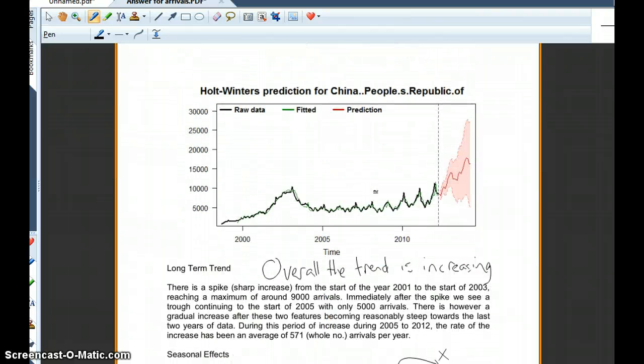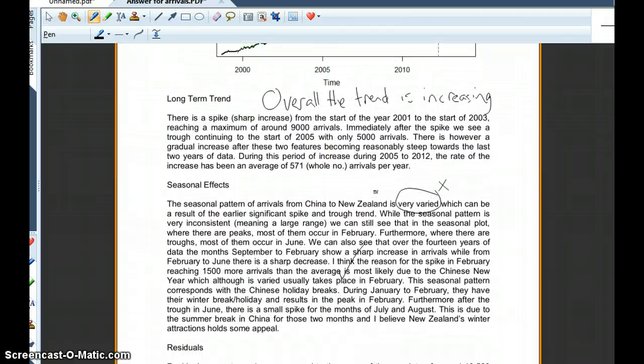So that was just a small misconception there, but for the rest of her discussion here, brilliant. And I'll just tick one thing here.